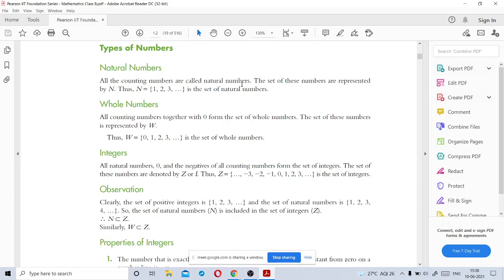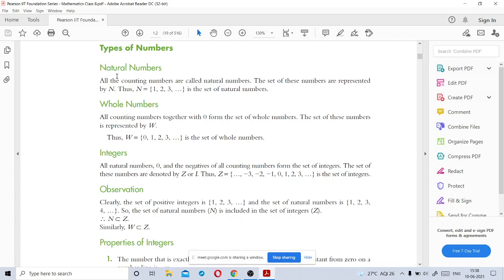Yes, sir. You know already these types of numbers, already studied. We have discussed many times at the time of bridge course. And in the ninth class syllabus also, at the beginning of the first chapter, we discussed natural numbers, whole numbers, integers. Okay, so just we recollect to strengthen our previous knowledge.